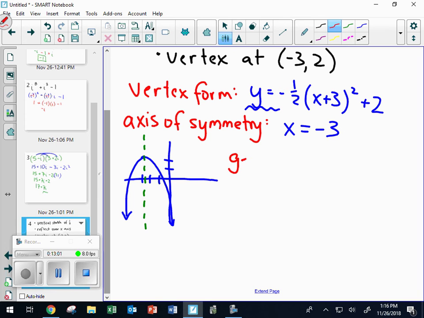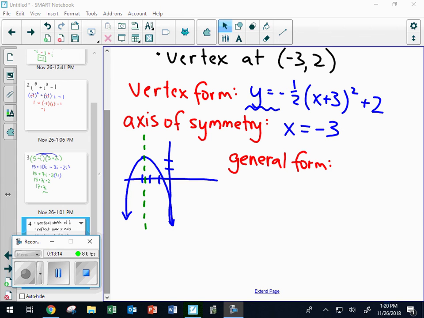Now I want the general form. So take a few moments, get this into the general form. I'll pause while you do. If we are looking for our general form, we first need to expand out our formula here.